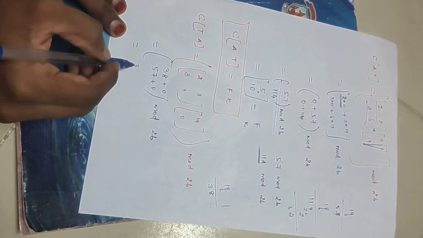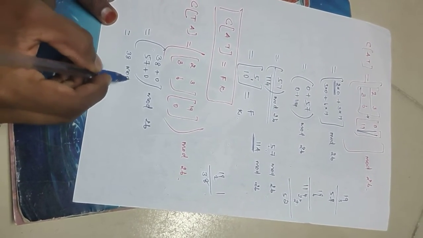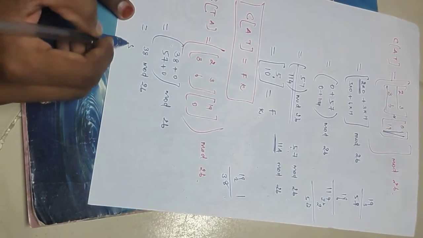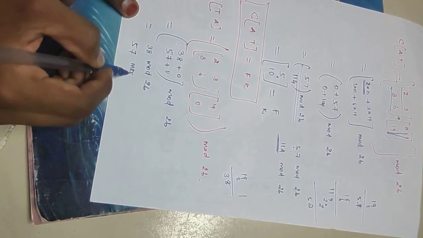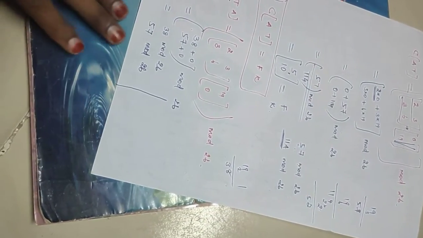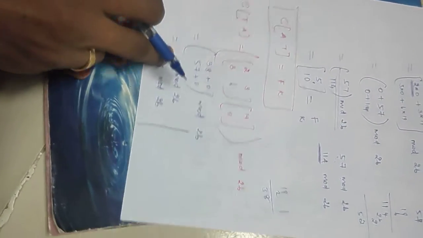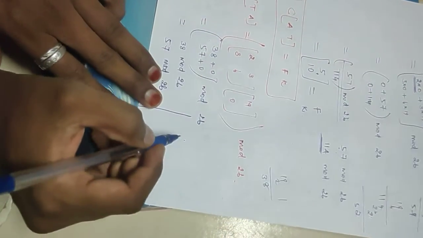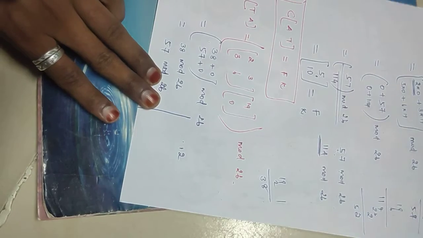So what is the value here? 38 mod 26 and then 57 mod 26. The remainder of 38 is 12.